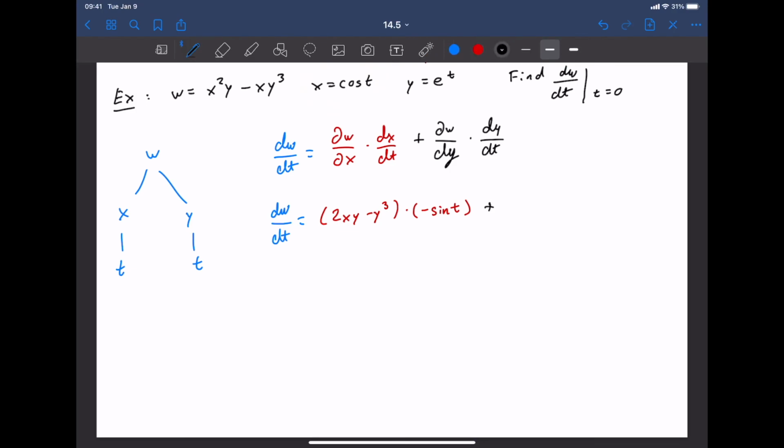Now the y contribution, x squared minus 3xy squared, so that's the derivative of w with respect to just y, times the derivative of y with respect to time, which is e to the t.